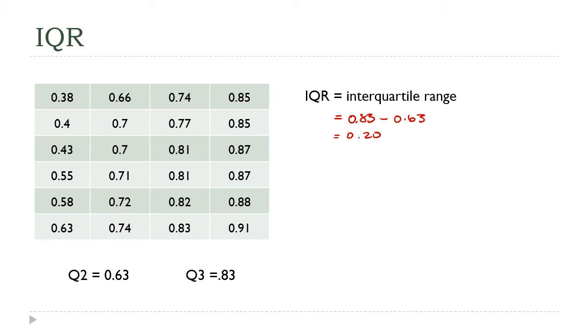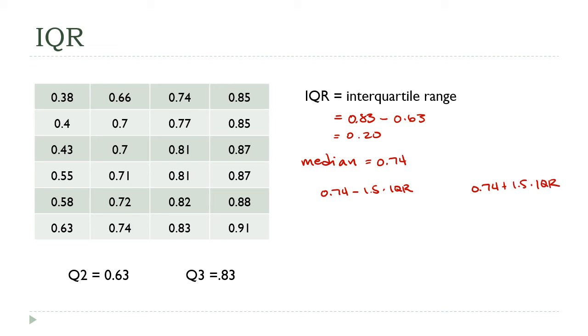So the median of my data set is 0.74. So I'm going to do 0.74 minus 1.5 times the IQR, and 0.74 plus 1.5 times the IQR.